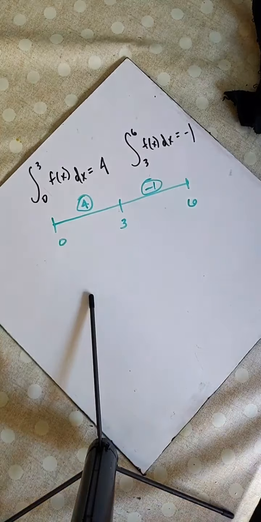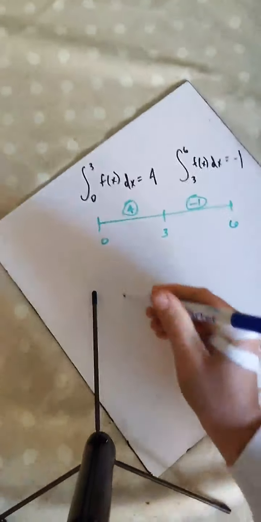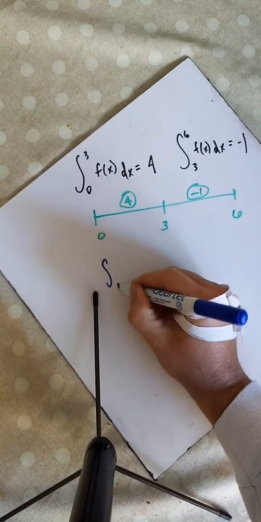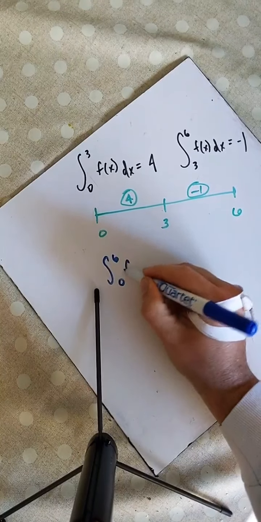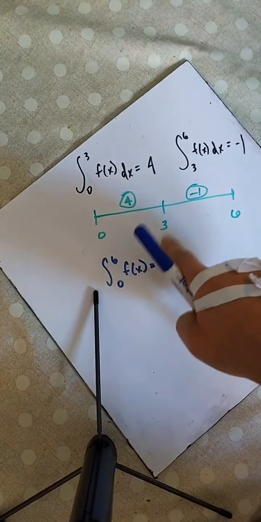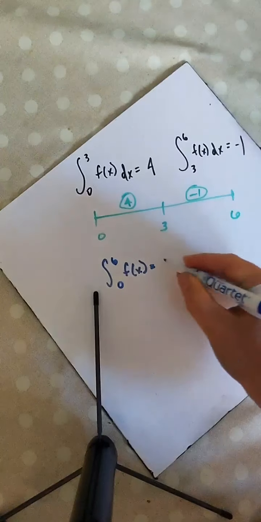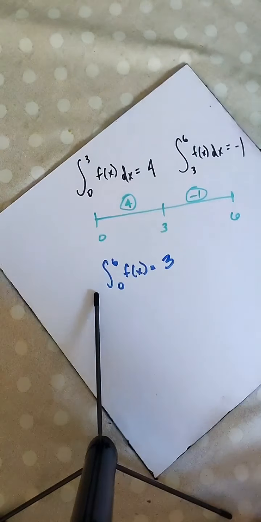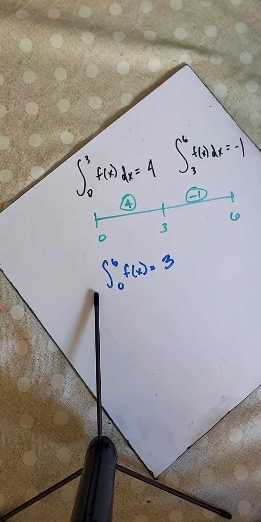Okay, so we got 4 problems here. First one, starting it off. What's the integral from 0 to 6 of that function? Well, 0 to 3 is 4, and 3 to 6 is -1. Put them together, that's a total integral value of 3.